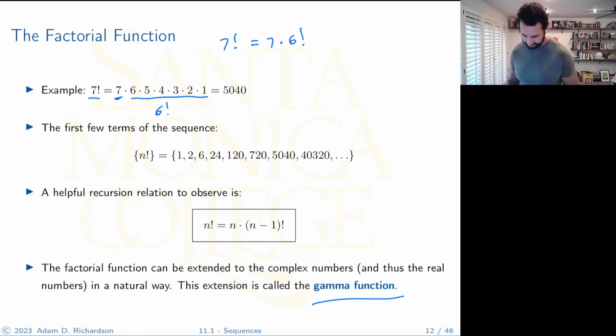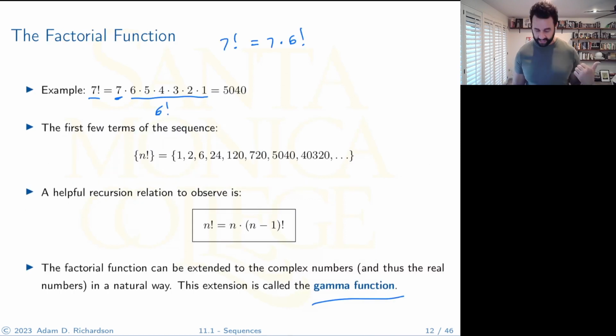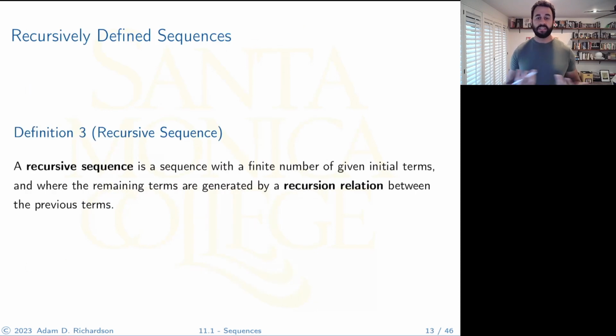Okay, there are also recursive sequences. So we've only been looking at closed form sequences where there's a formula and you run the formula for a bunch of terms and you get the results. We saw a recursion relationship when we were looking at the factorial here. You can generalize that idea to talk about recursively defined sequences.